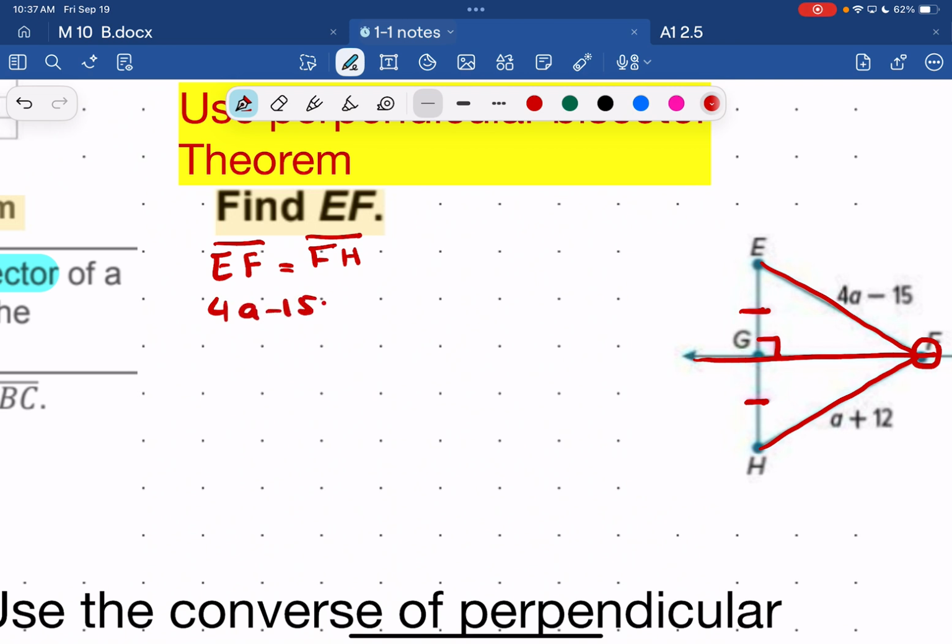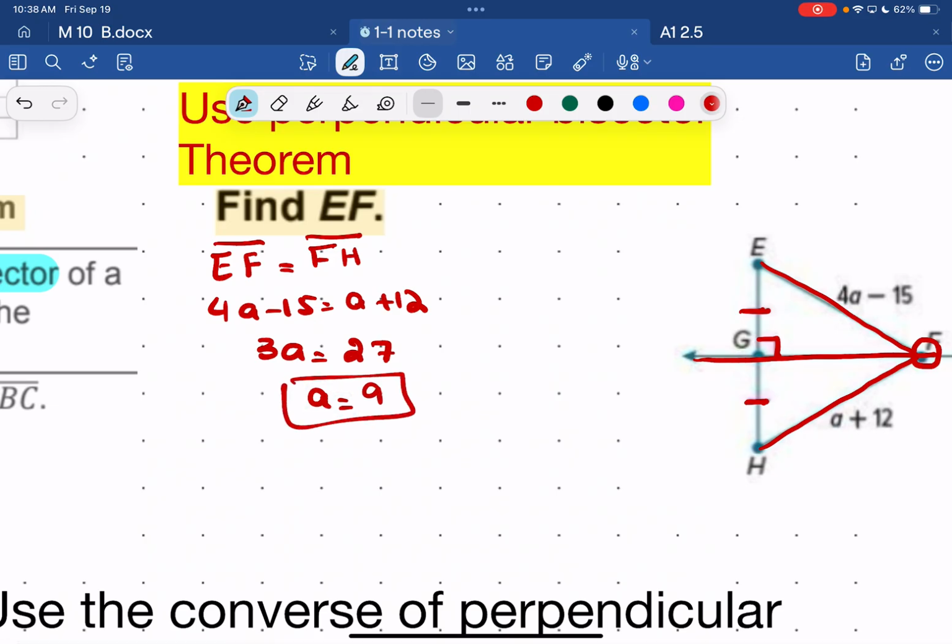Perfect. We know EF is equal to 4A minus 15. We know FH is equal to 5A. So 3A is equal to 27 times 3, from here we get A is equal to 81. No? A is equal to 9. Okay. And here we have our final answer.